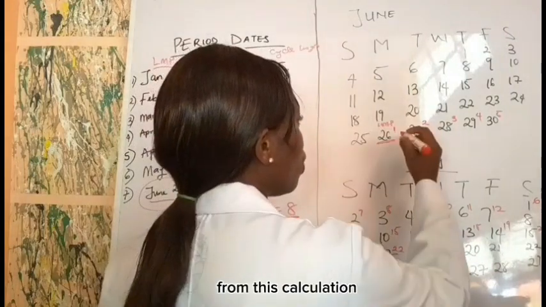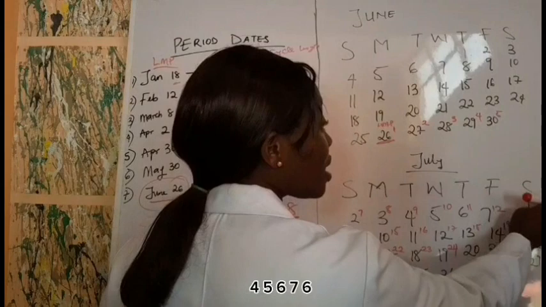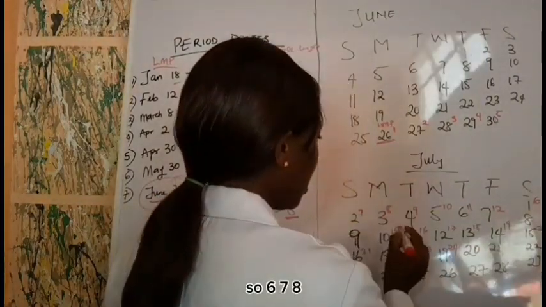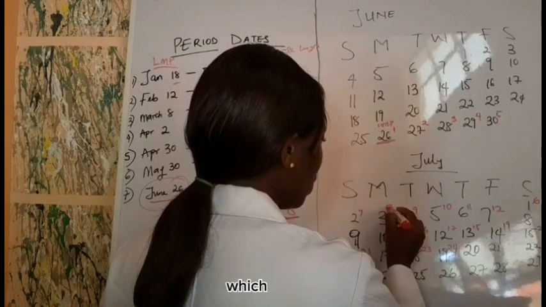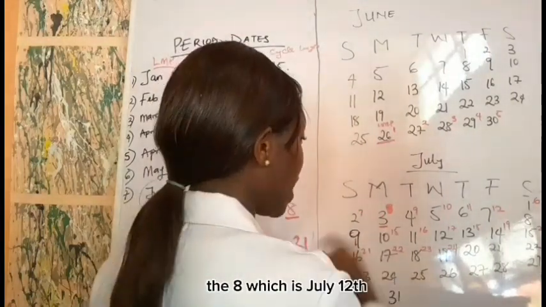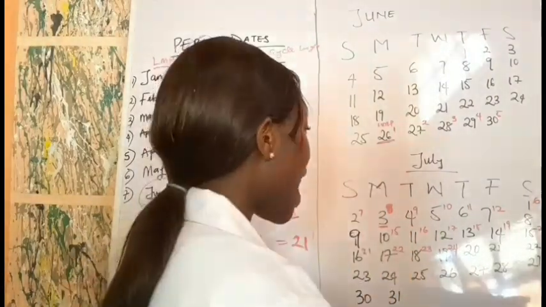From this calculation, 1, 2, 3, 4, 5, 6, 7. So 6, 7, 8. Day 8, which is July 3rd, is the first day of her fertile period.